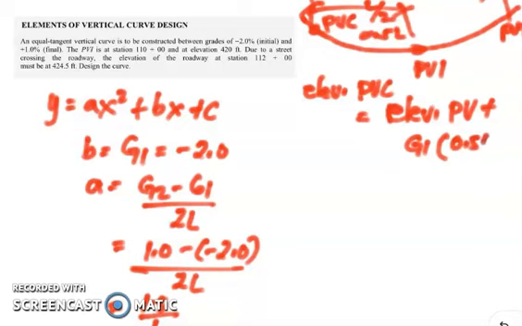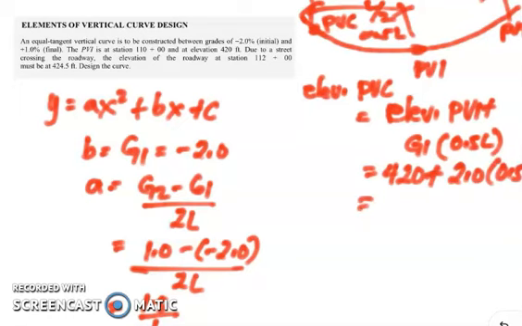If we substitute the values here, our elevation at PVI is equal to 420 plus our initial grade, 2.0, times 0.5 L. If we simplify this, you have 420 plus L. So we have now our C, which is the elevation at PVC.